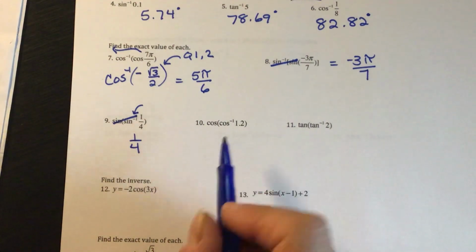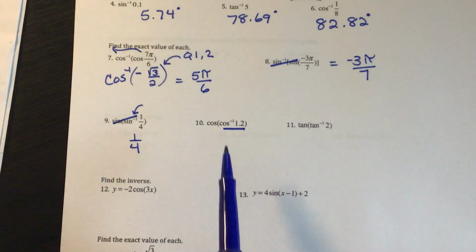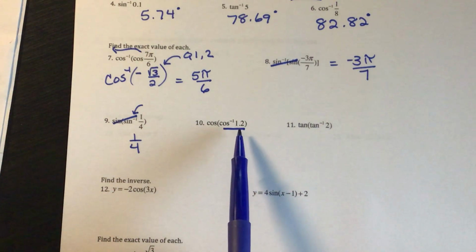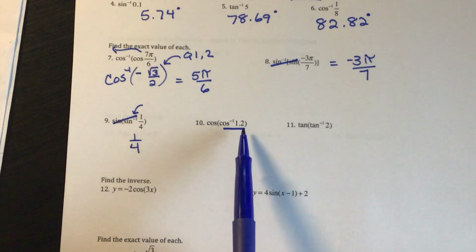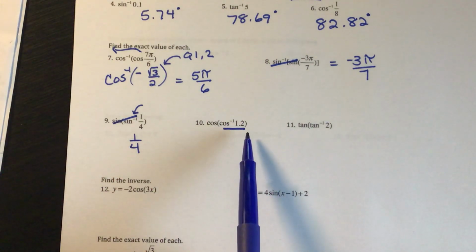Number 10, I'm first looking at cosine, or what angle has a cosine of 1.2. Now, 1.2 is not in our domain. All of the values for cosine are between -1 and 1.